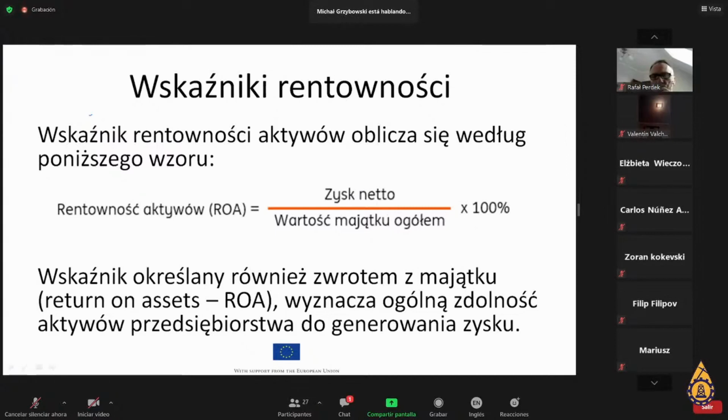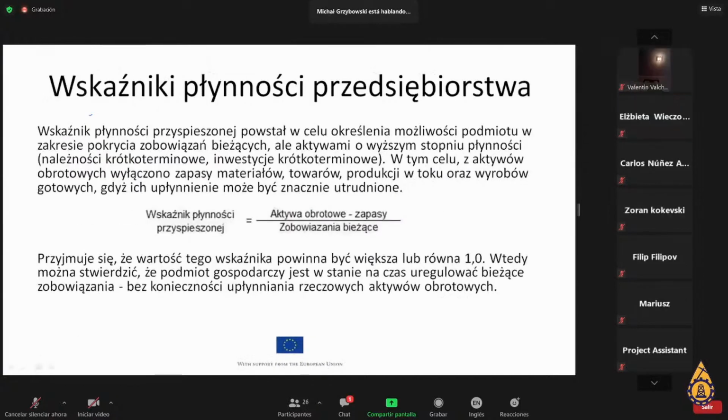Return on assets is another profitability ratio, and this represents the net profit divided by total assets and multiplied by 100%. And this gives us an idea of the general capability of the enterprise to generate profit on the basis of its assets. This means a relation between the company's profit and the company's assets.